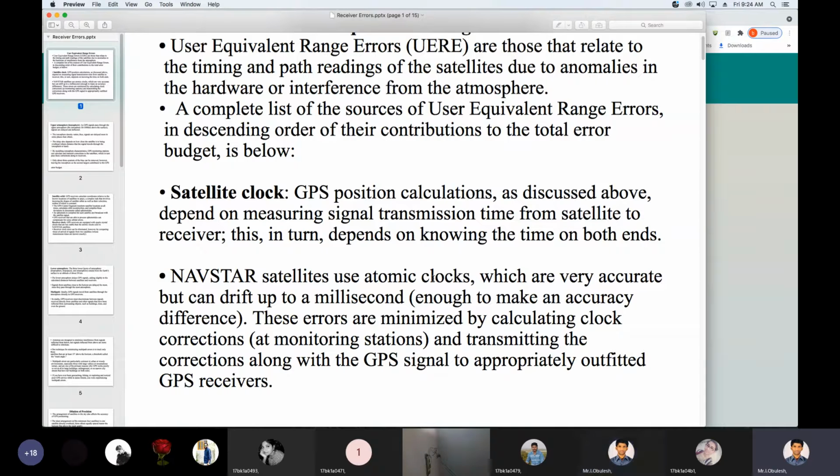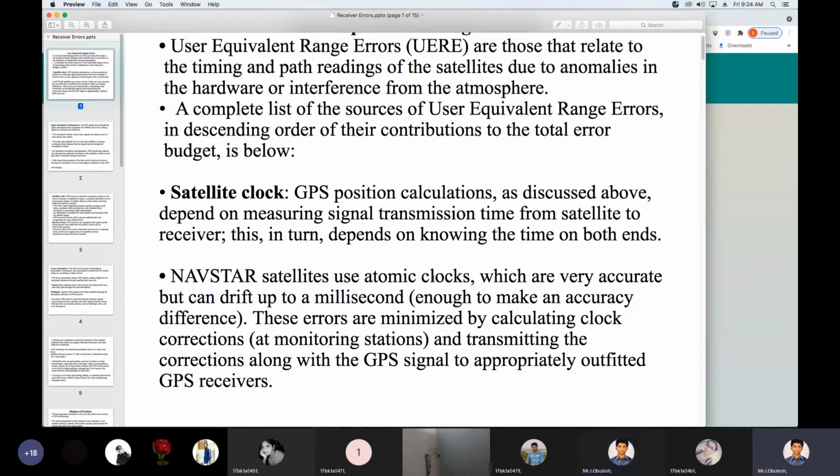The meaning of this statement is that it depends on both timings: the transmission time and the receiver time.